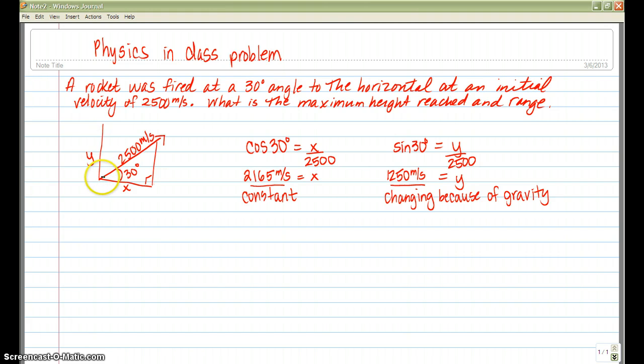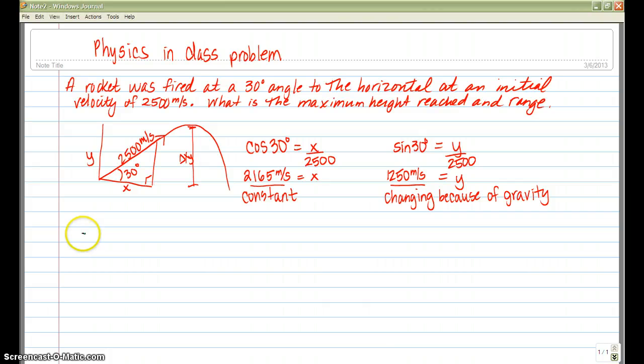If I were to continue thinking about this motion, it's going to go up, curve, come back down. So what we want to determine is how high up in the air, in this case our delta x if we think about it in the y direction. We want to find that first. We know that our y velocity is changing, so we need to use an equation that deals with gravity. Things that we've done before.